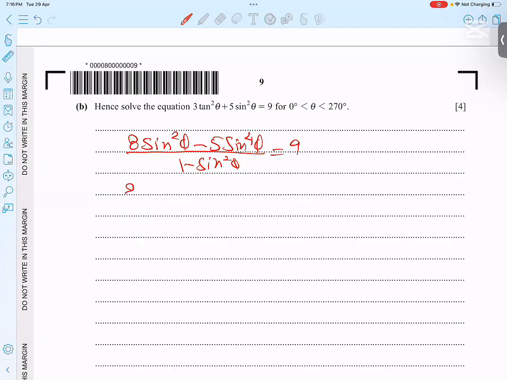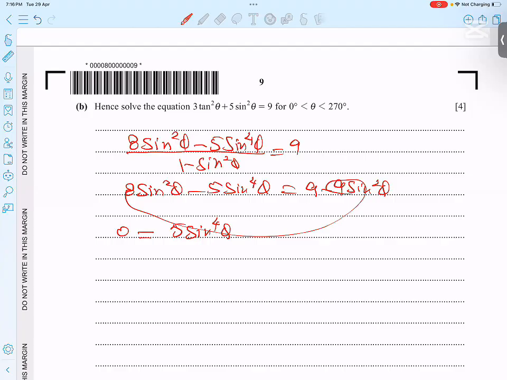Cross multiply: 8 sine square theta plus 5 sine 4 theta equals 9 minus 9 sine square theta. I bring all values to the left side or right side, no problem. So 5 sine 4 theta goes there. So 9 and 8, 17 sine square theta. And plus 9 already.